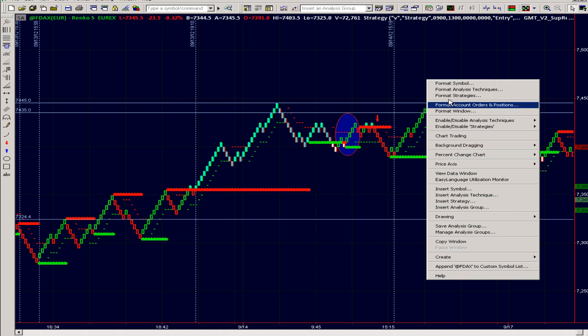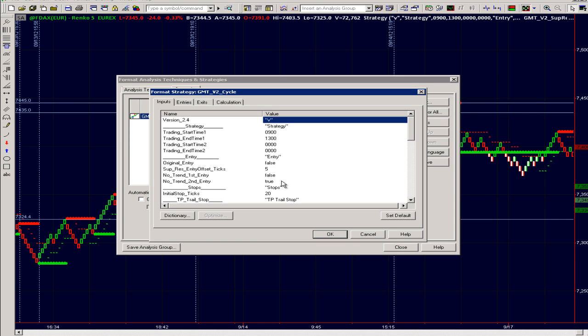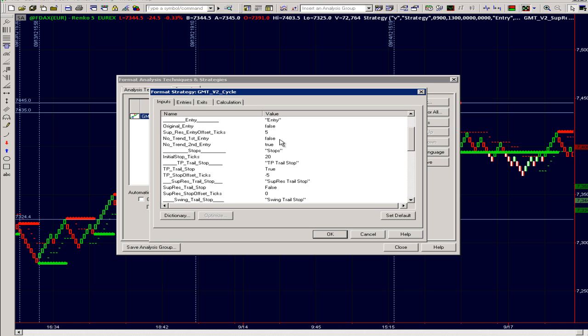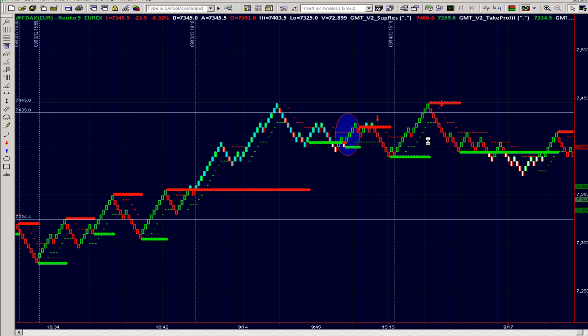So we'll go back in here. Now, getting back into the strategy itself, you can use that stop, you can use support resistance. Obviously if we're going to use support resistance as our stop, we're going to turn this to true. And we're going to say, right, I'm going to use support resistance. So if I'm in a short position, which we are at the moment, where do you think our stop's going to be on this short position?